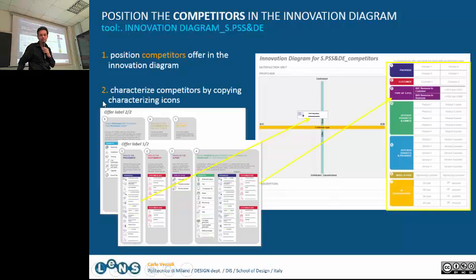Again, for the same reason, we can profile the competitor, understanding what the products or services are, whether they are already doing something that is an SPSS type of offer, or whether they already have some kind of distributed and decentralized system. By the positioning of that company that we see there, at least they have a decentralized system, because it's not positioned so far below where the centralized system is.